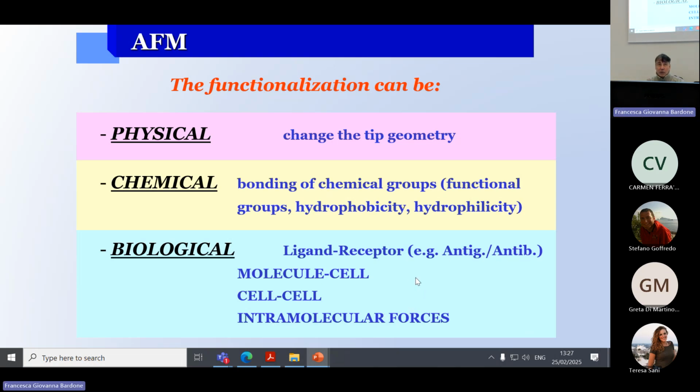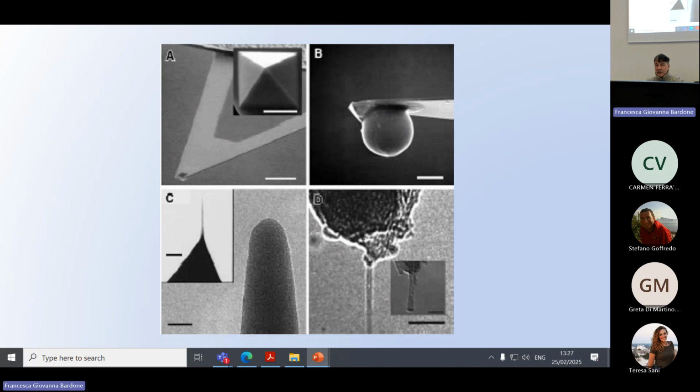Antibody, antigen, antibody. You can create the interaction at the top, and you can monitor at the surface where you have the interaction. These are examples of physical functionalization. You can attach a sphere, you can attach a carbon nanotube, or you can create a very, very sharp tip, as in the case before, on the top.